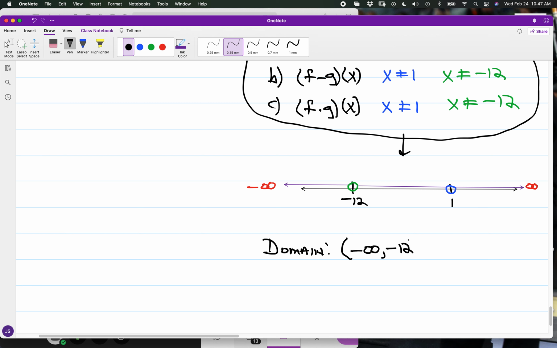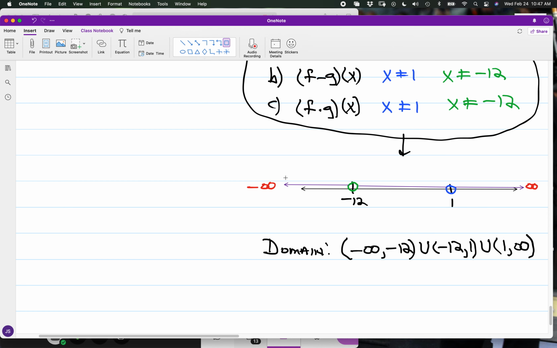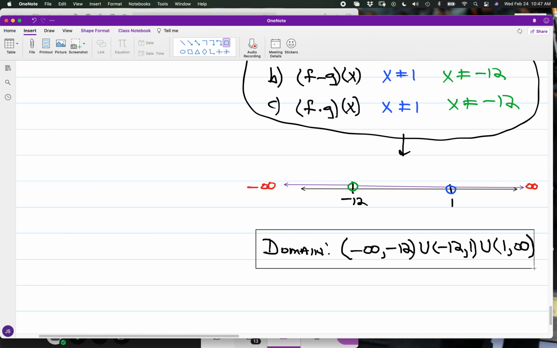And we have bypassing negative 12, and we have approaching but not including 1. And then we have bypassing 1 and heading on out to infinity. So for parts A, B, and C, that would be the domain for what we have here.